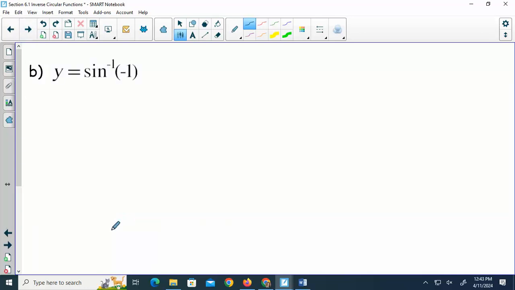So if I said y equals sine inverse of -1, as soon as I see sine inverse, I know I can have an answer in quadrant 1 or quadrant 4. It's negative so far. Okay. This means sine of some angle is -1. Since it's a negative, that would have to be quadrant 4.